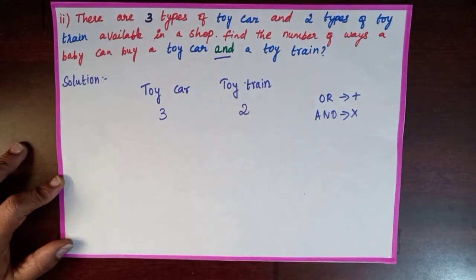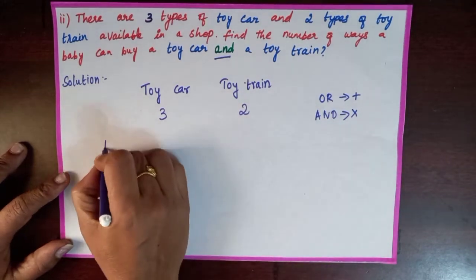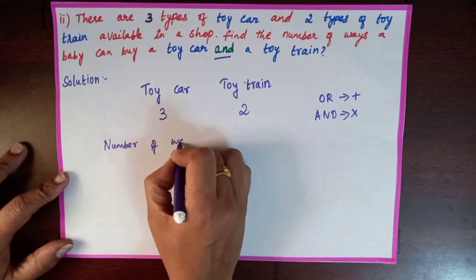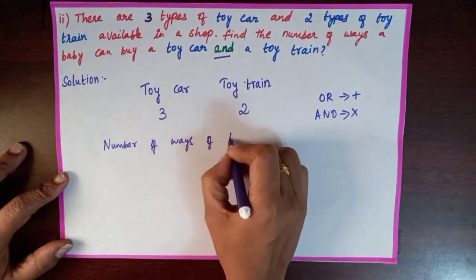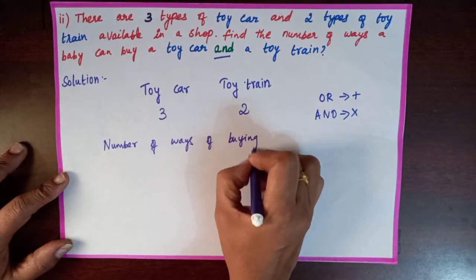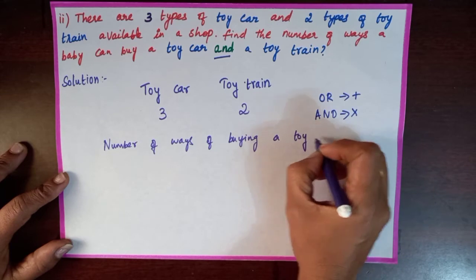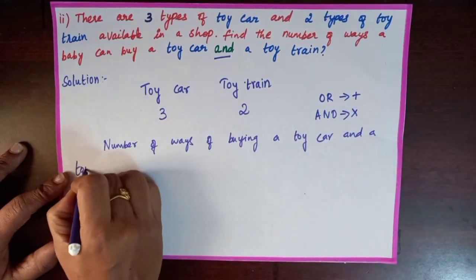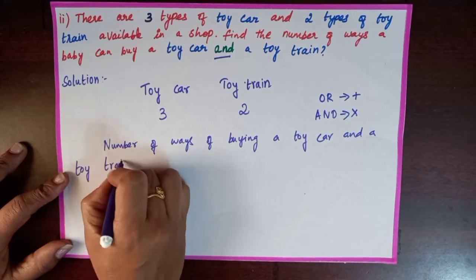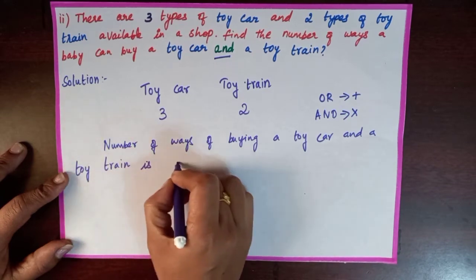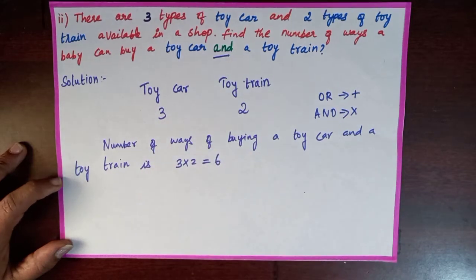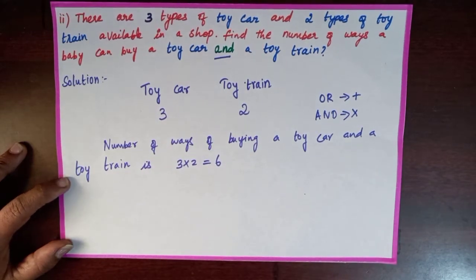By the product rule, the number of ways of buying a toy car and a toy train is 3 into 2, which is equal to 6. 6 ways he can buy a toy car and a toy train.